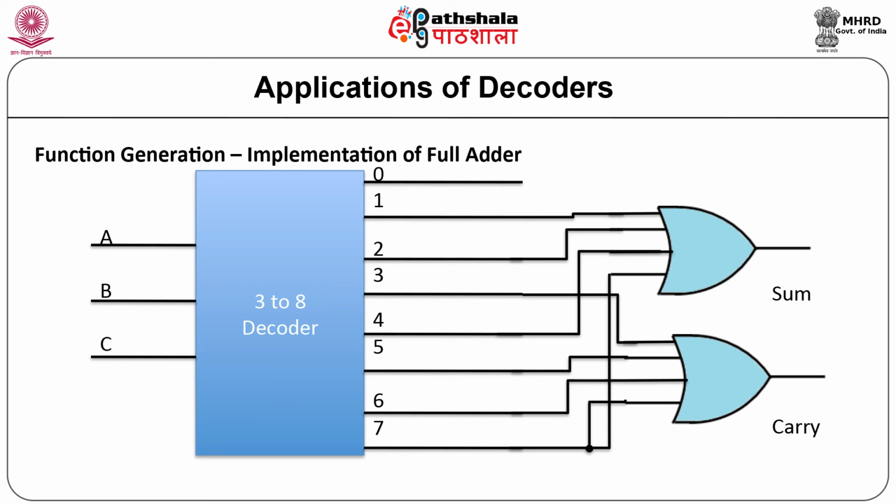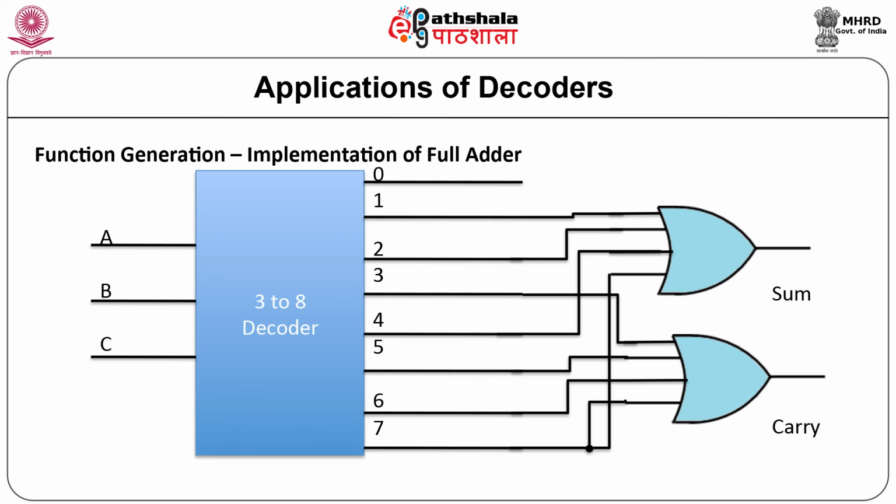Let us consider an example of a full adder. In a full adder, the sum can be obtained as a function of x, y, z, which could be given as S(x, y, z) equal to summation of min terms in bracket 1, 2, 4, 7. Similarly, one can even write the min term expression for carry as well.